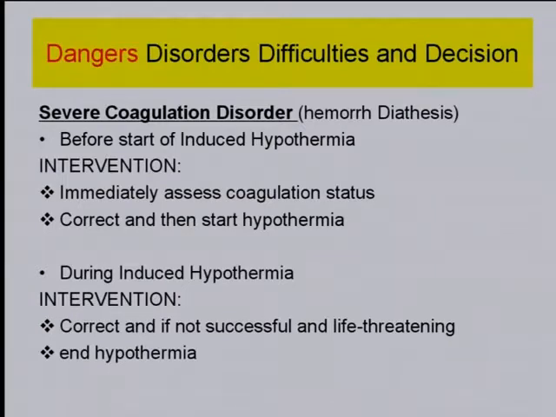If severe massive bleeding occurs during hypothermia, you should correct the coagulation status, and if you think it's not successful and it's life-threatening, you would also stop hypothermia, but otherwise not. Next.